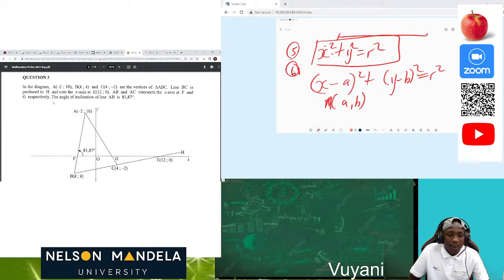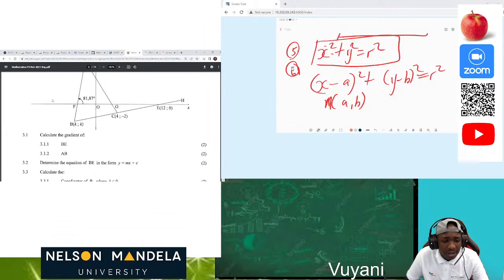For instance, we are given the angle of inclination of line AB, equal to 81.87. That lets us calculate the gradient of line AB, even if we are not given the coordinates of A and B, because the angle of inclination gives us the go-ahead to use the equation tan θ = m.